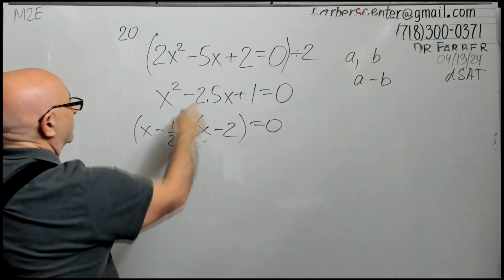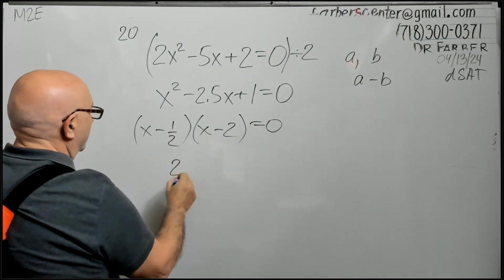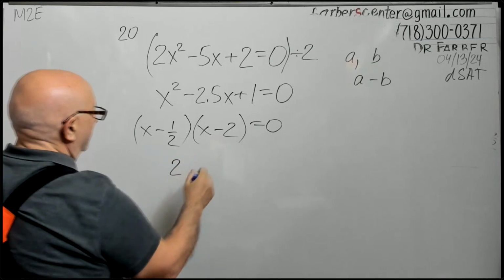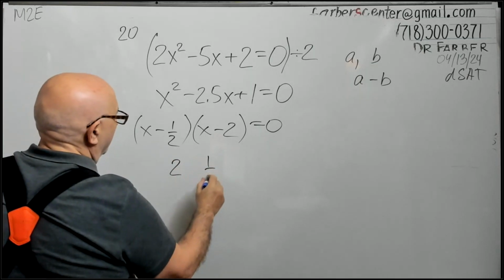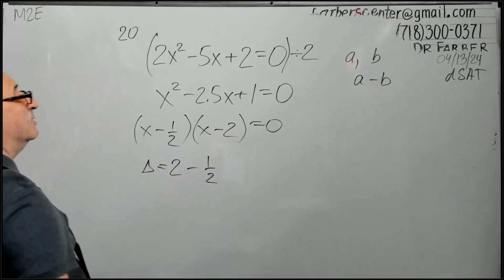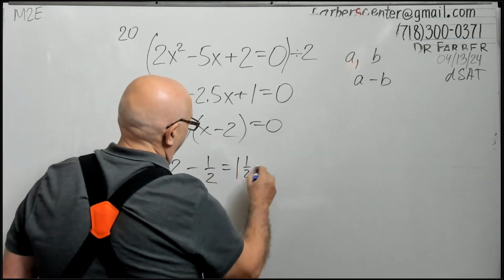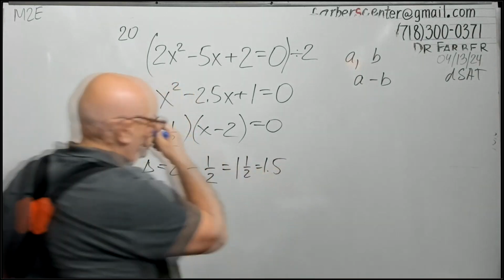So either x equals 2 or 1 over 2. If you subtract, because they ask you to find this difference, it would be 1 and 1 over 2, which is 1.5. So that's good.